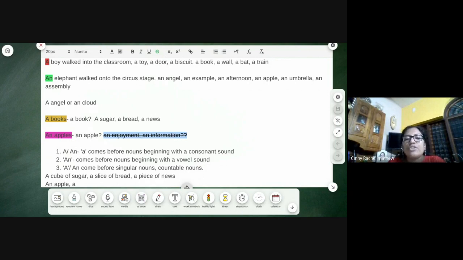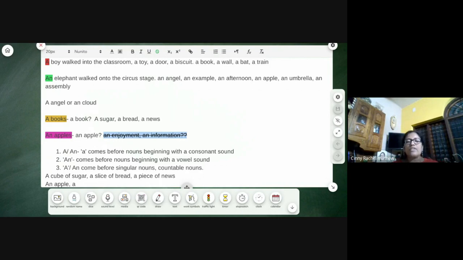So an enjoyment is not to be used. You can substitute it with the indefinite article a and say a bout of enjoyment or a moment of enjoyment. You can also substitute information, use it with the other indefinite article a and say a piece of information.